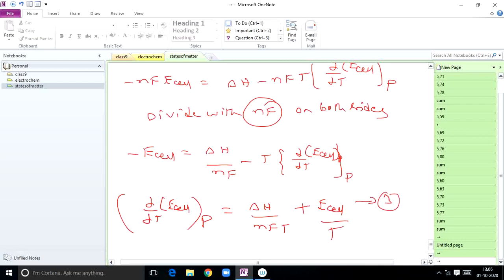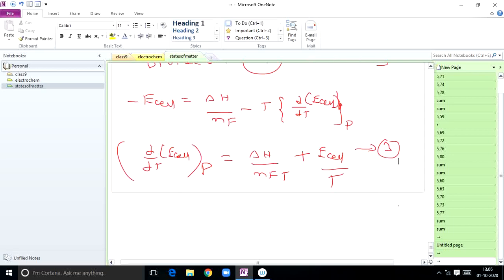Especially for IIT students, they may ask these relations. And some more relations you can have. Delta S is equal to minus of ∂ by ∂T of delta G at constant pressure. How did you get it?